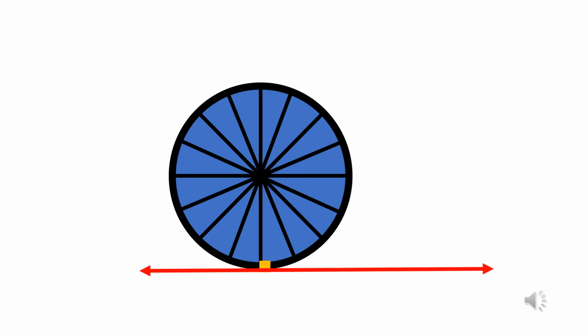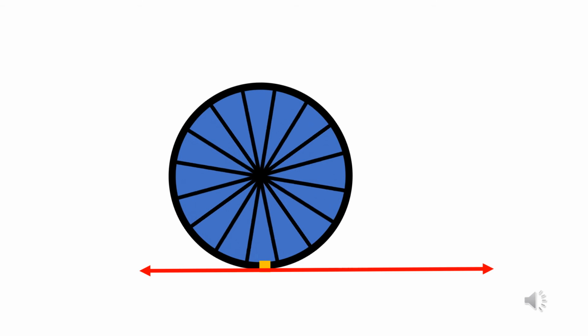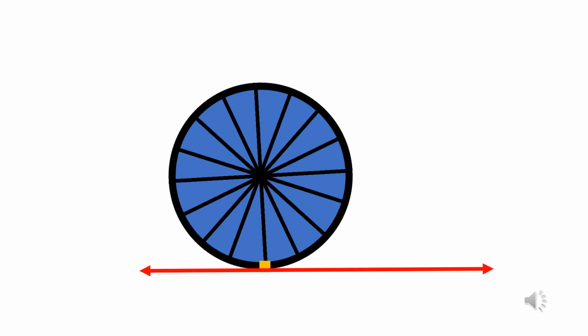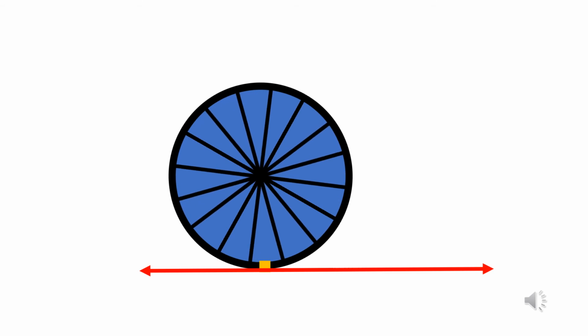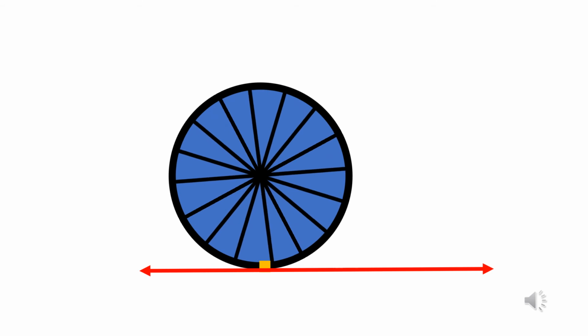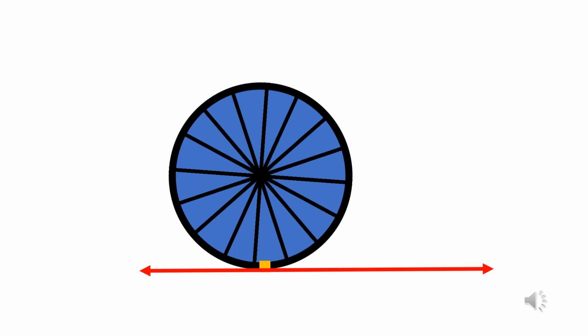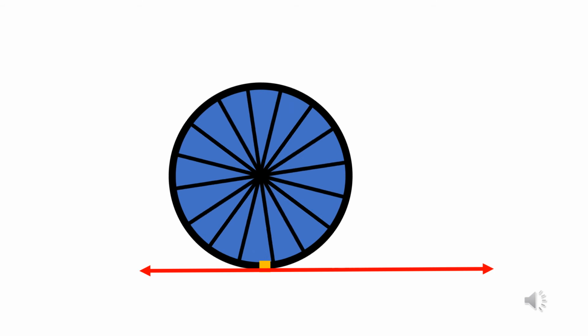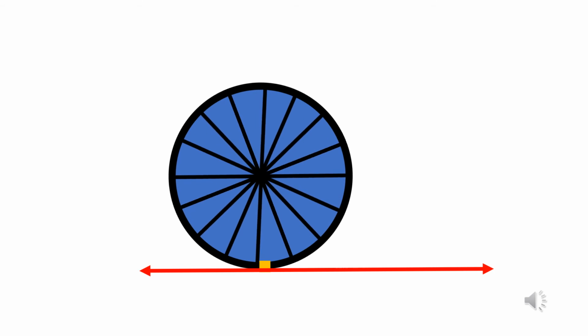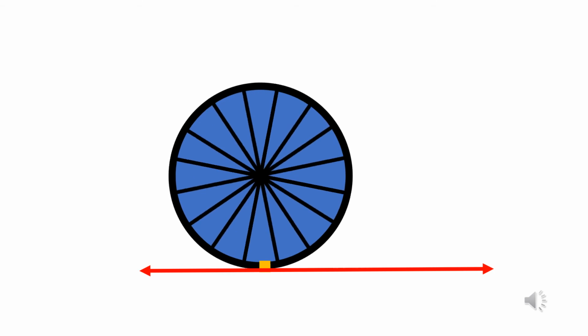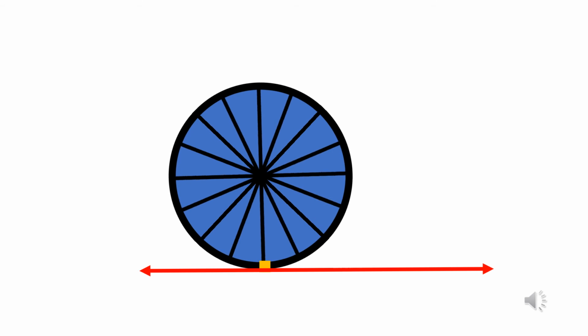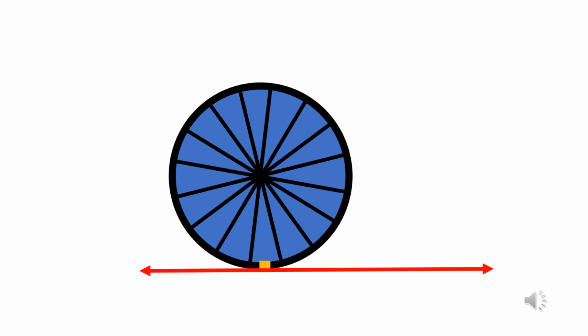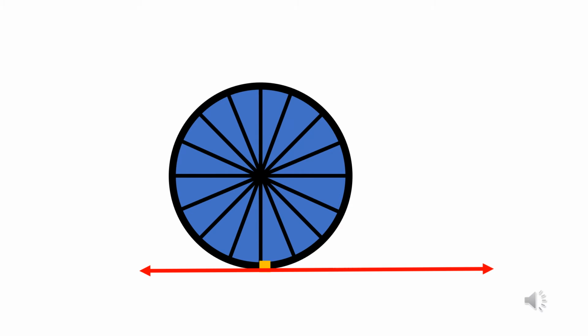Children, now let us try to observe a wheel moving on the road. Here, let that red line be the road. When the wheel moves along the line, that is the road, which is representing the tangent to the circle, and the circle here is the wheel, we shall notice that the radius through the point of contact with the ground appears to be at right angle to the tangent.